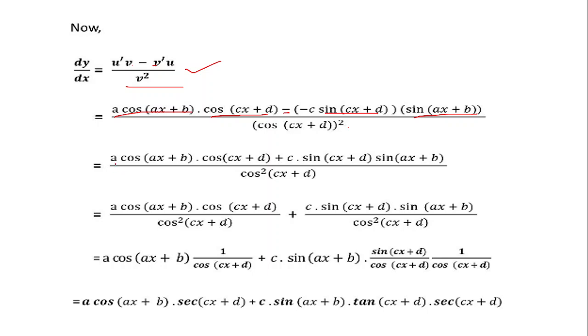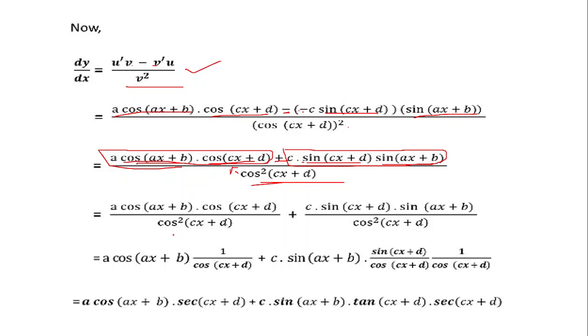Now a into cos of ax plus b into cos of cx plus d I have kept as it is here, minus into minus plus c into sine of cx plus d into sine of ax plus b. This is one term, and consider this as another term. Let me separate it by dividing separately. So cos of cx plus d whole square, I can write as cos square of cx plus d.